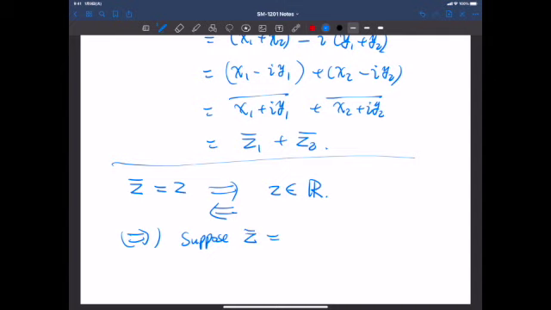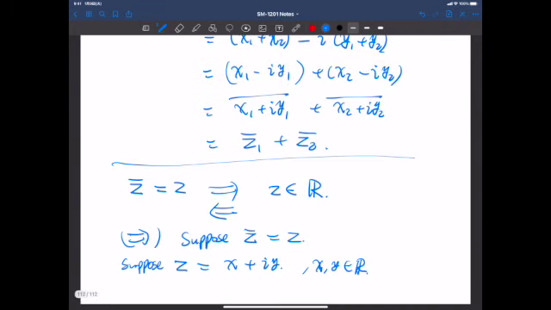So suppose z bar is equal to z. So z is x plus iy, where x and y are real numbers.